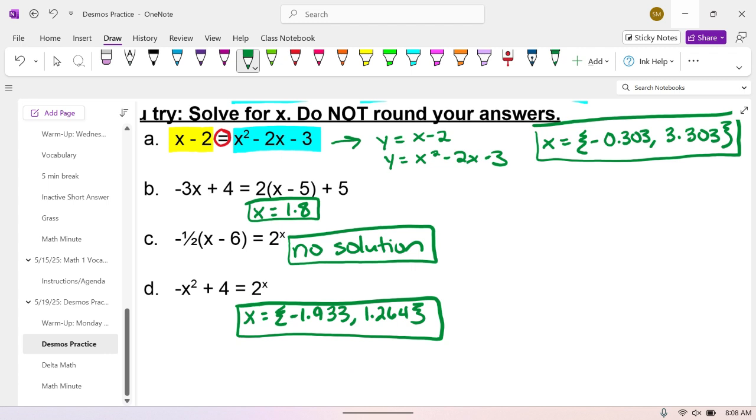All right. So, Caroline, what'd you get for letter B? So you got it graphed. What was the point of intersect?